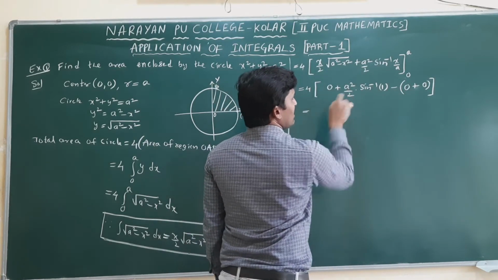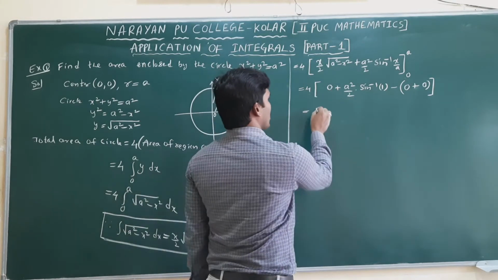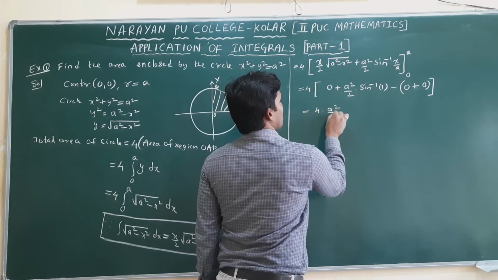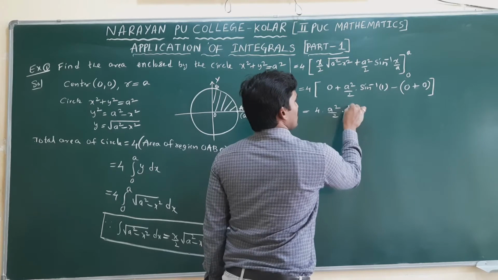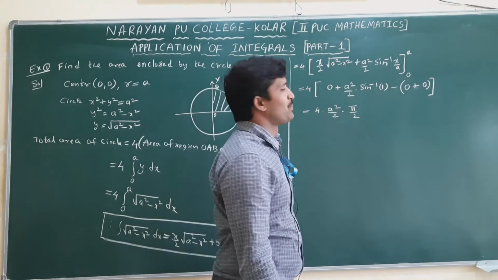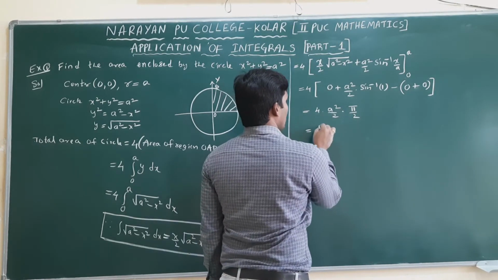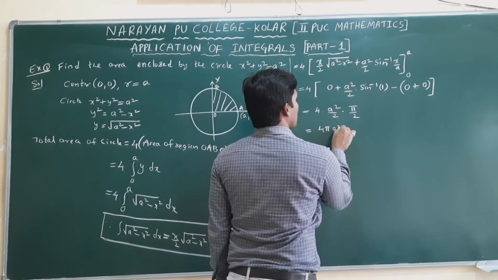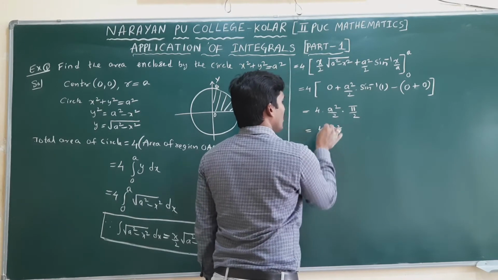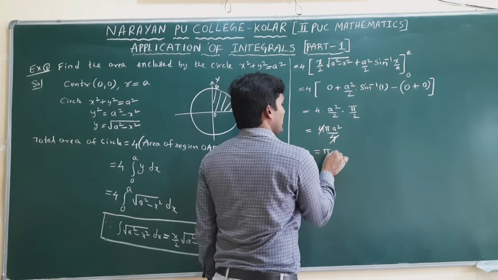Remaining what left here? A square by 2 into sin inverse of 1. 4 into a square by 2 into sin inverse of 1 means what? Sin 1 at which angle? Pi by 2. Now total 4 pi a square by 2, 2 4s are 4, 4 4 cancel. Now pi a square.